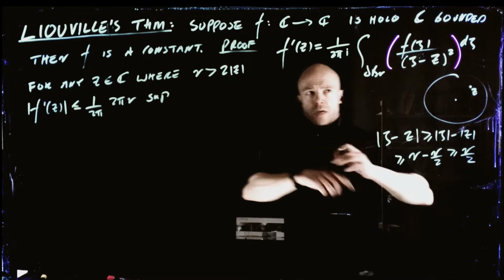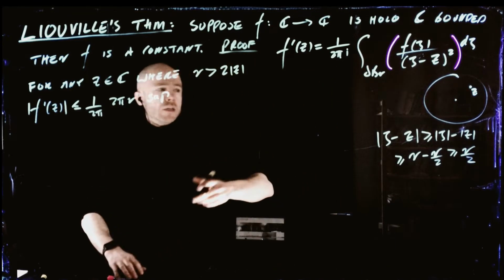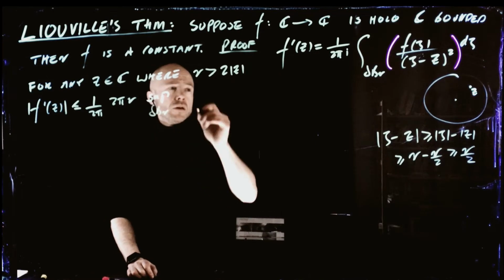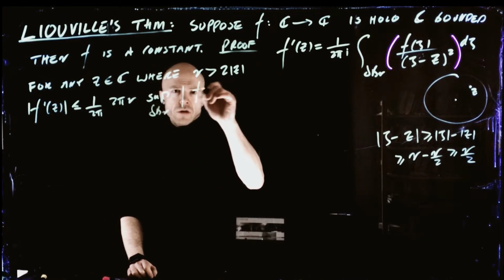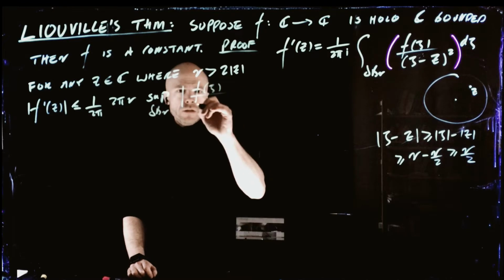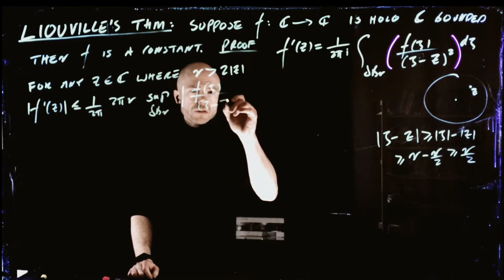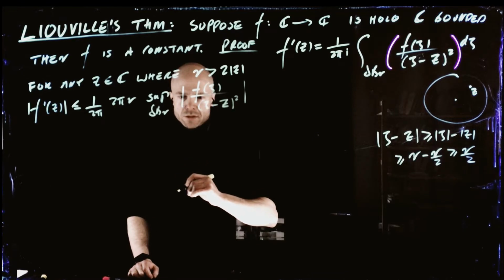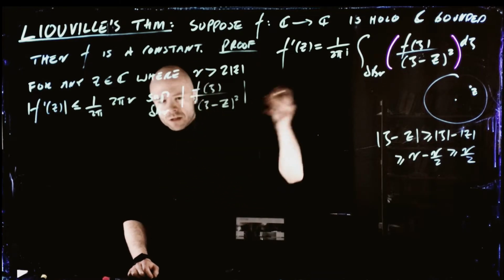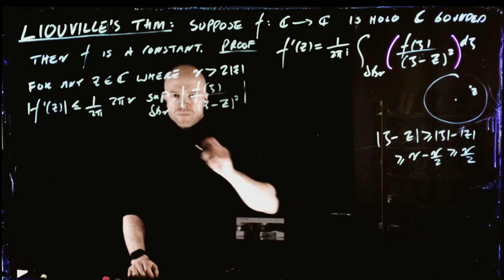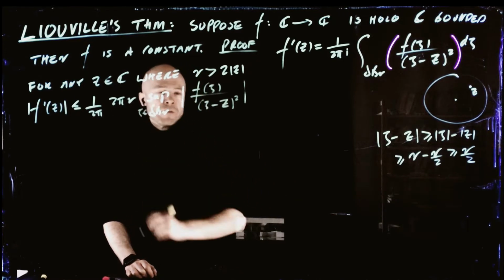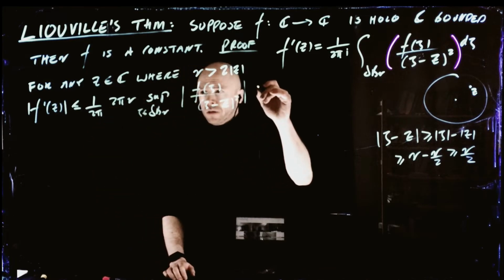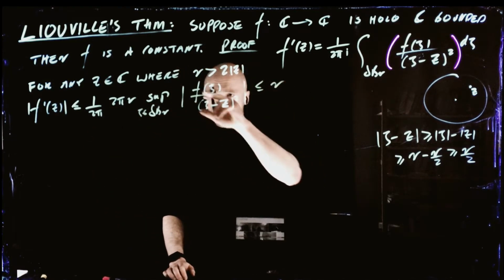So I'll write this down. We have the supremum over the boundary of the ball of the absolute value of f of zeta over zeta minus z squared. That's just the estimate we've used lots of times, where zeta belongs to the boundary. And then the 2 pi's cancel, so we're just going to have r here.